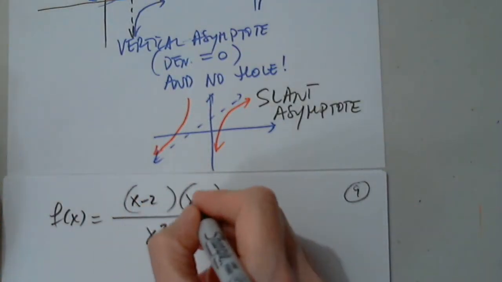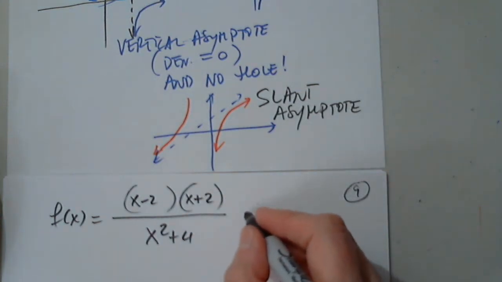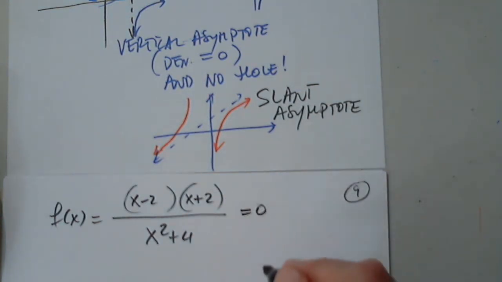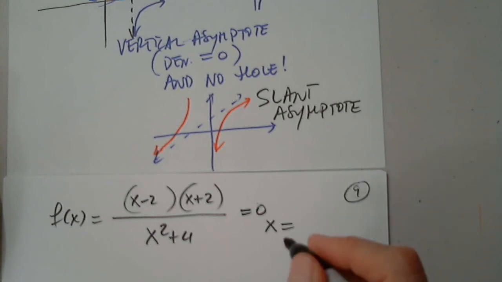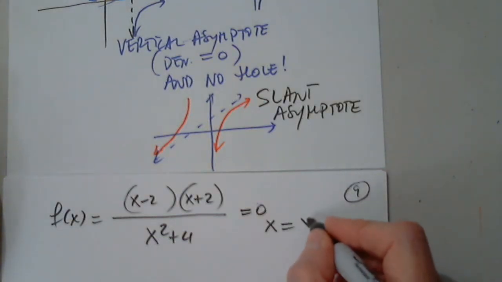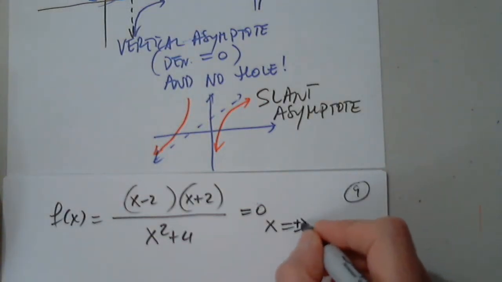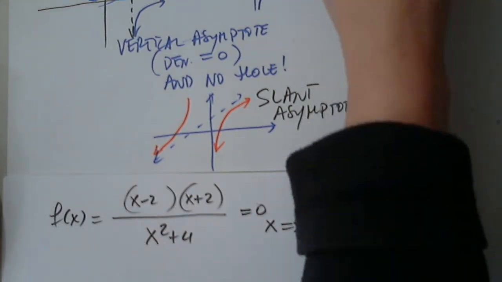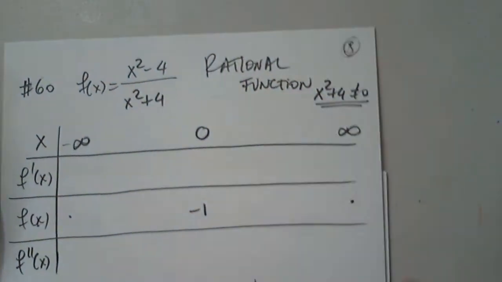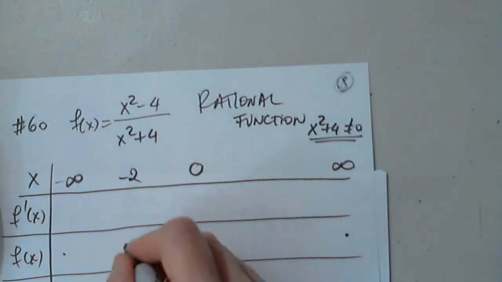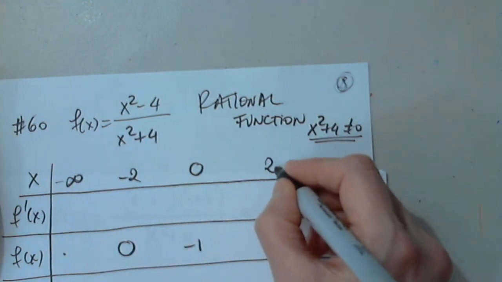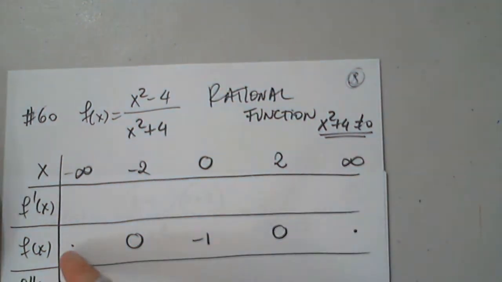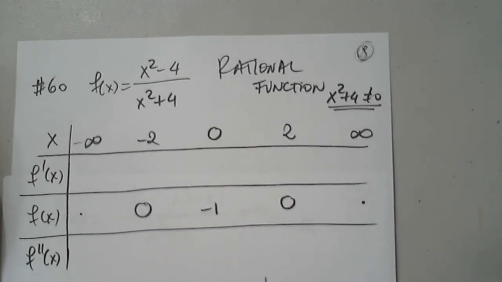Very good, excellent, thank you very much. So when this is 0, what will I get? x equals 2 and x equals -2, plus or minus 2. Very good. Go back to my table immediately: -2, 0, +2, 0. And now the last thing, the limits.